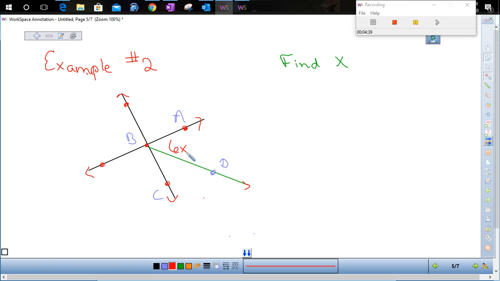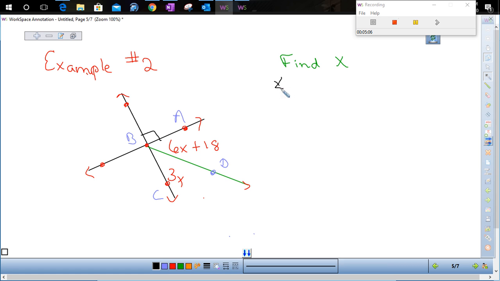We're going to say that 6x plus 18, and then this one in here is 3x. Now, again, on your drawing, we don't want to assume anything, so we're going to mark that this here is a 90 degrees.